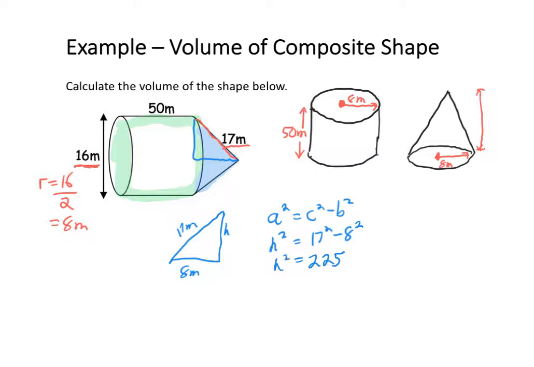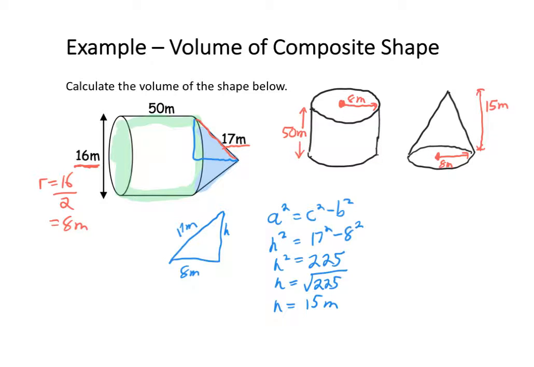So if h squared is equal to 225, h is going to equal the square root of 225, which is equal to 15 meters. So the height of my cone, using Pythagoras' theorem, I can work out to be 15 meters.